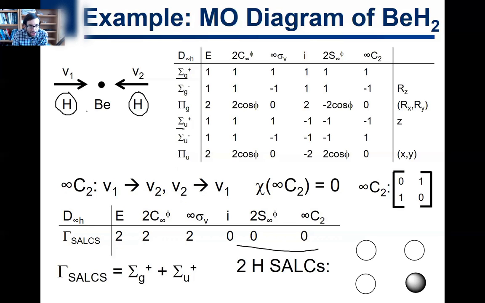So the hydrogens don't bond with one another. They're way far apart, right? And so the beryllium atom is in the middle here, in both of these. But I think you can guess, and you could test the symmetry of this, that when they're both the same shade here, that's going to be the sigma g plus orbital. And then when they're opposite shades here, they're going to be the sigma u plus orbital. And again, how would you show that? You could do inversion on this, right?